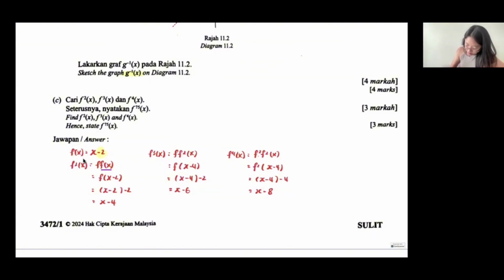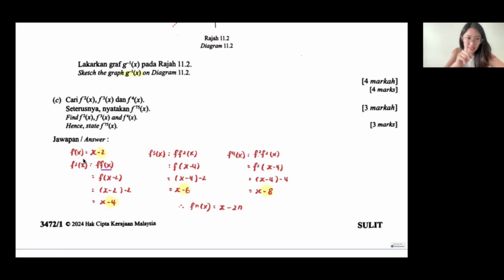Correct? So if I want to generate a formula, then what would it be? f power n of x. x in front, no change. At the back is minus. n must start with 1 because it's power 1 first. There's 1, there's 2, there's 3, there's 4. So minus 2 times n. n starts with 1.